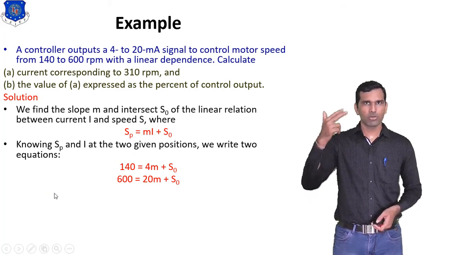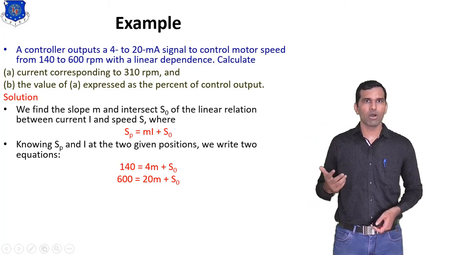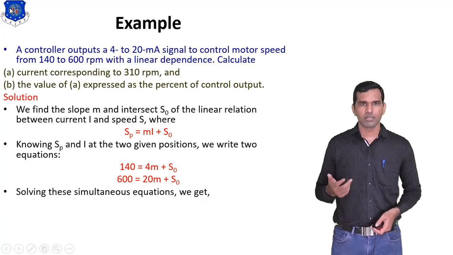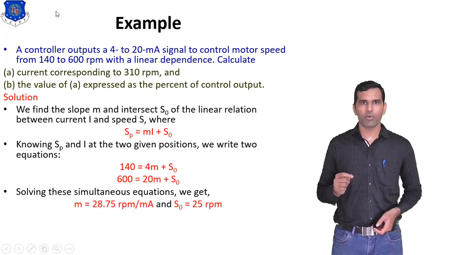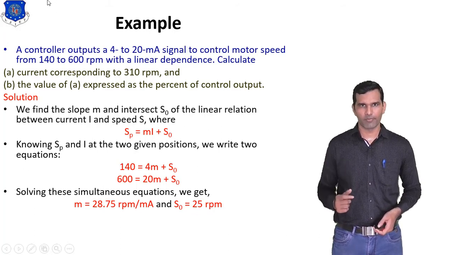So here we have two equations. Solving these simultaneous equations, we get M equal to 28.75 rpm per milliampere and S0 equal to 25 rpm.